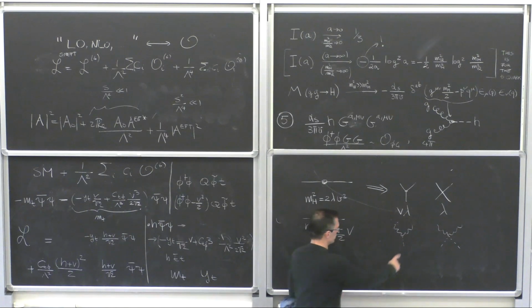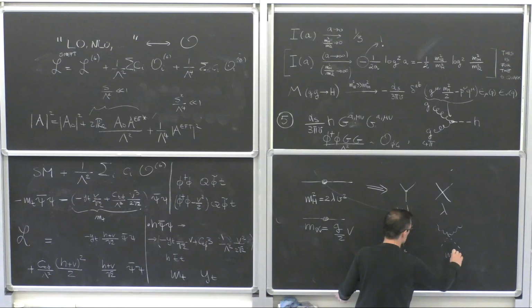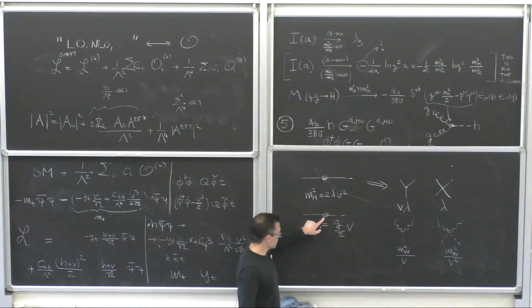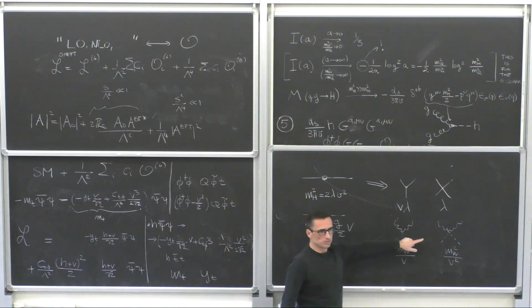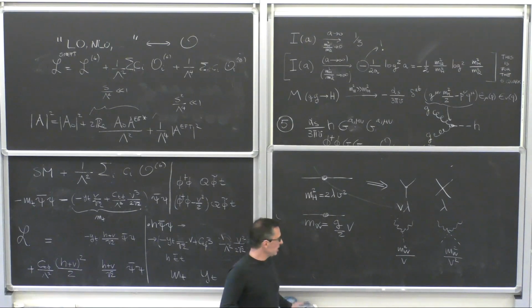This is fixed because this one is mass of the W squared divided by v, and this one is mass of the W squared divided by v squared. So once I know the mass, I know the coupling. The physics in the standard model is locked. And this is equivalent to saying that masses interact, the strength is proportional to the mass. That's the usual way we phrase it in courses.